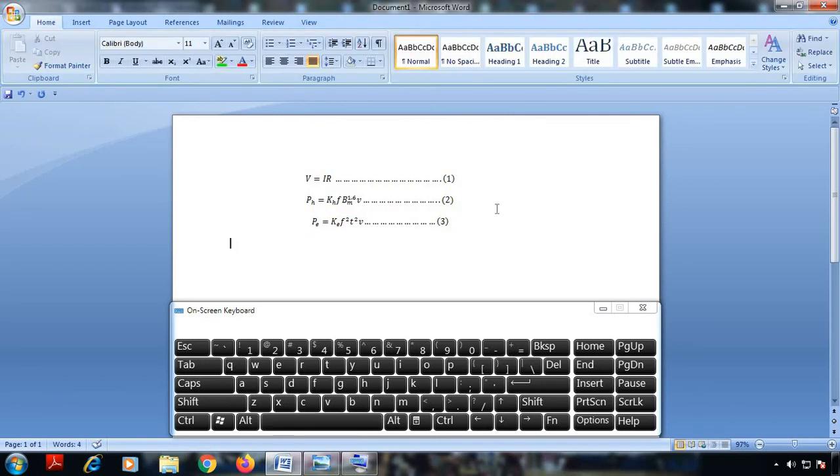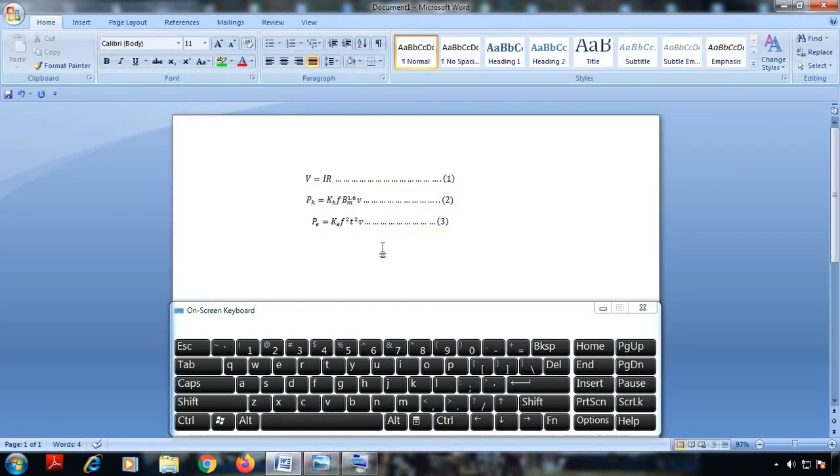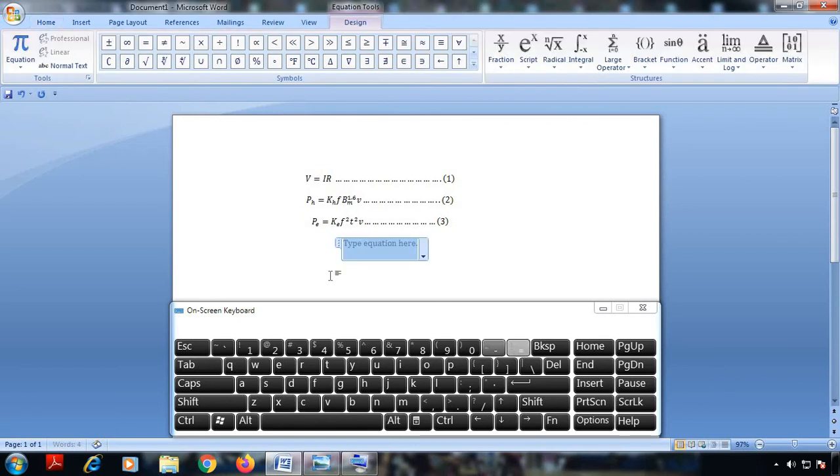Now let's say I want to write one more formula, we'll make use of a numerator and denominator in this case. So let's say XC, that is your inductive capacitance, is equal to 1 by 2 pi FC. So how will I do that? First and foremost, again I'm going to make use of Alt and equal to. Now X underscore C space.